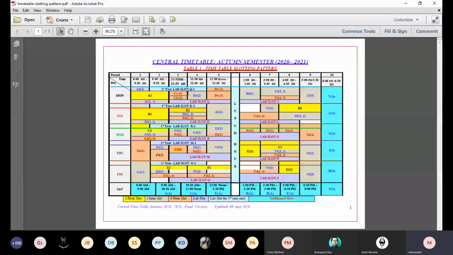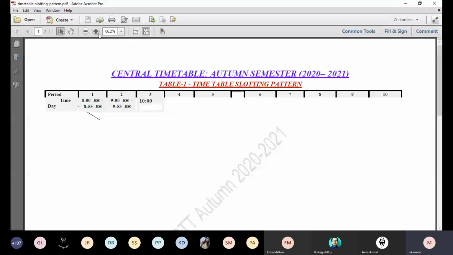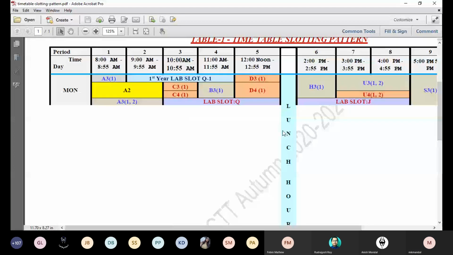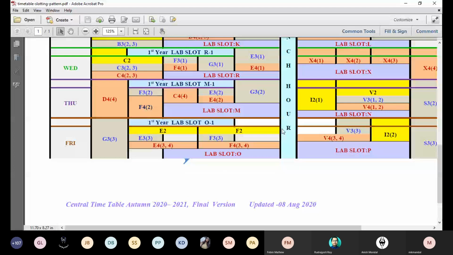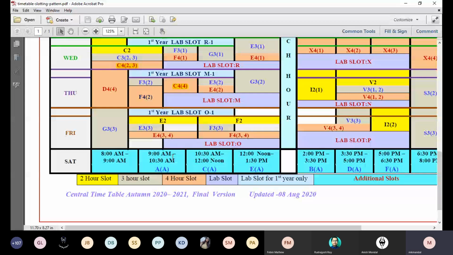Since we are following C4, the time slot is given. If you go through the last line, let me zoom in. So you see Saturday 10:30 to 12 o'clock. It is for the C4 slot.